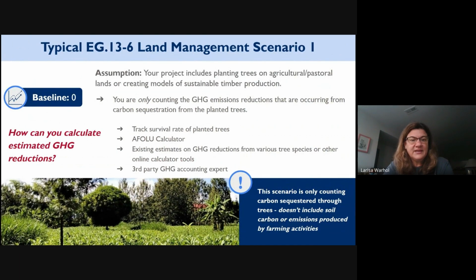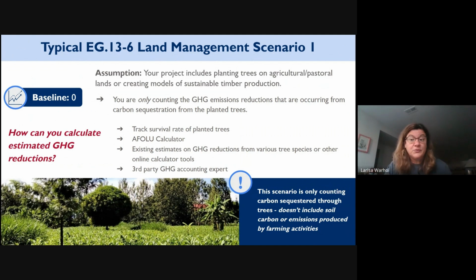In terms of land, for me, both that restoration activity as well as this initial land management scenario are fairly similar. In terms of land management, we often are thinking about agricultural or pastoralist lands, or maybe you're creating models of sustainable timber production. There are 2 different ways we can think about this. On the one hand, you can only count the GHG emission reductions occurring from carbon sequestered through things like planted trees.